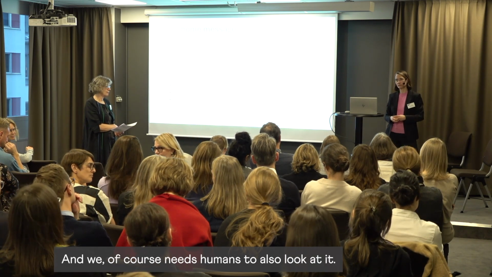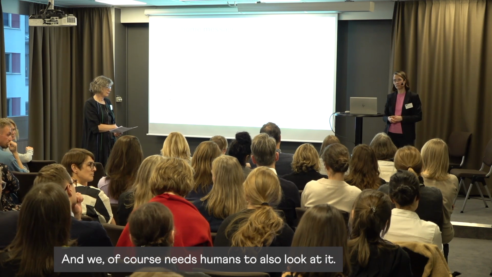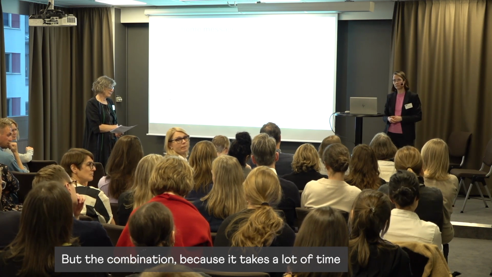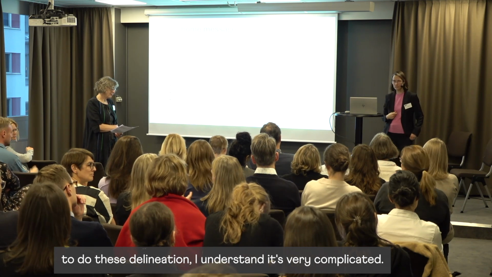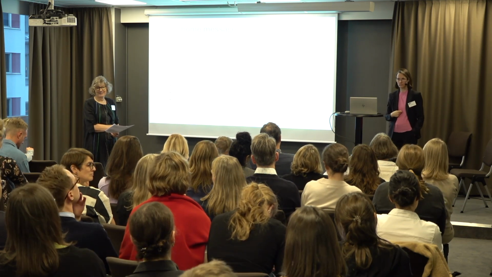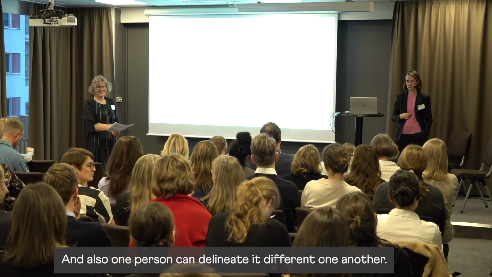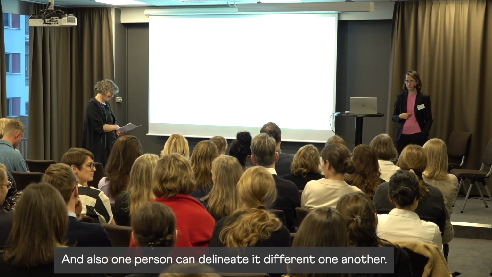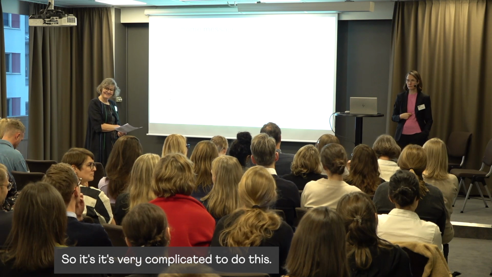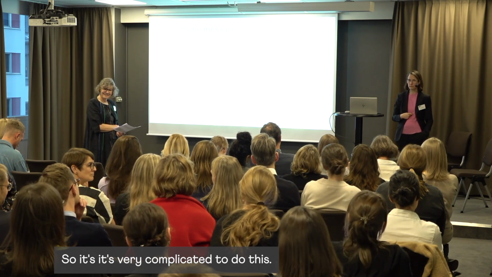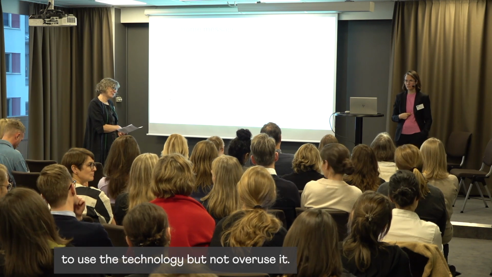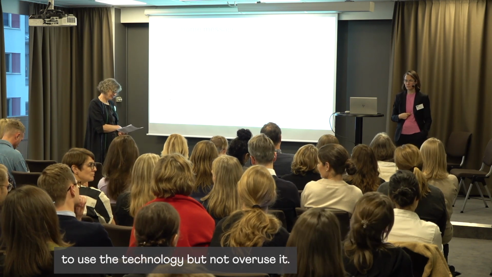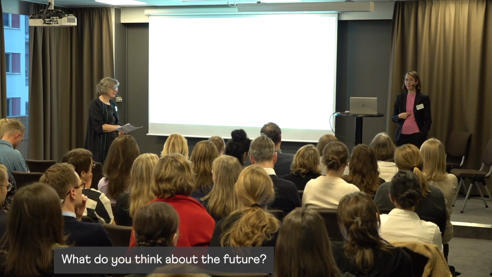Of course, we need humans to also look at it, but the combination, because it takes a lot of time to do this delineation. I understand it's very complicated, and also one person can delineate it differently from another. Do you think we could in the future use the technology better, but not overuse it? What do you think about the future?